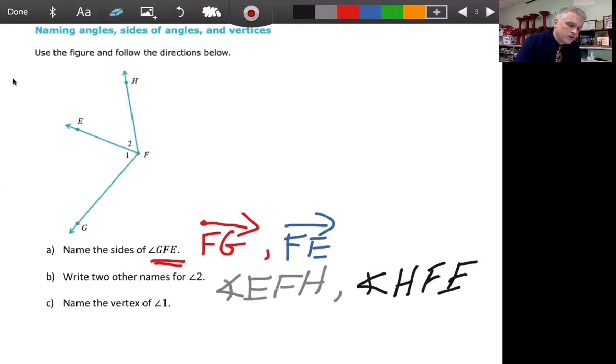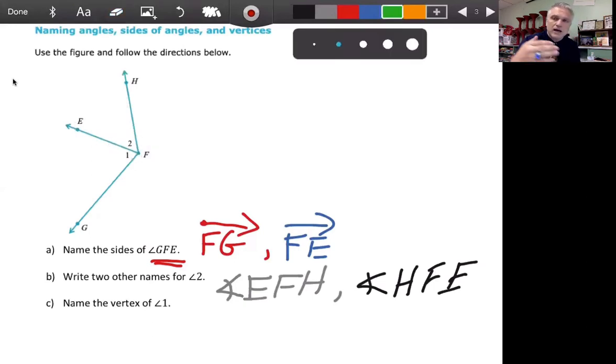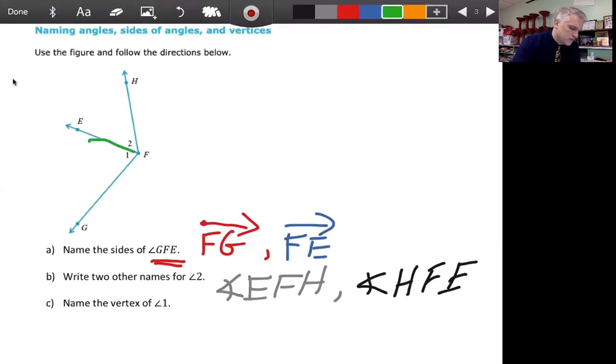Vertex is just the point where the two sides meet. It's their common point. So angle 1 has a vertex of point F. You can write the word point in front of F if you want, but as long as it's a capital printed F, you're good.